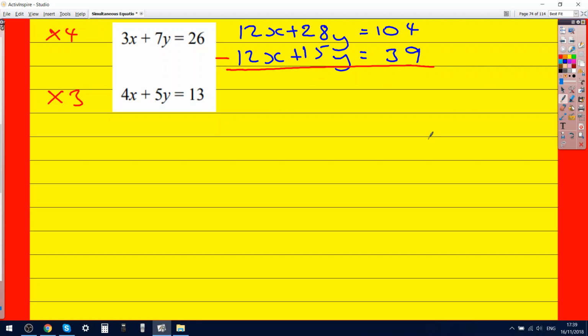If they're both plus, same sign subtract. Yeah, so since they're both plus, you subtract so that it's 13y equals 65.